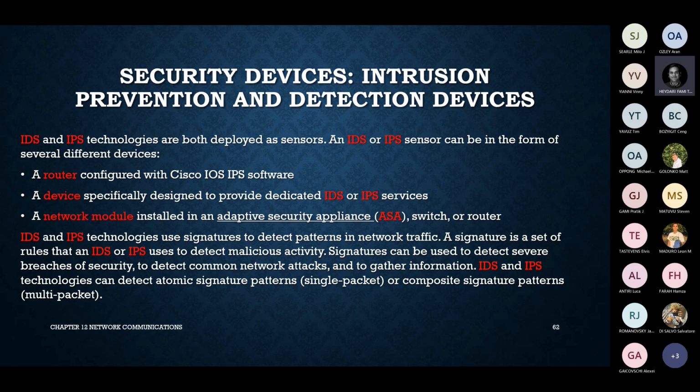But the idea is this: similar to the DHCP server and many servers that we have gone through so far, a router itself can act as a server for those services, isn't it? A router can also act as IDS IPS, can also act as a firewall, but because this is not the primary function of a router, you don't expect a full set of features if you are just relying on IDS IPS on routers. Instead, you go with standalone firewalls or IDS IPSs in reality for the networks that you manage or design later. Okay, move on.